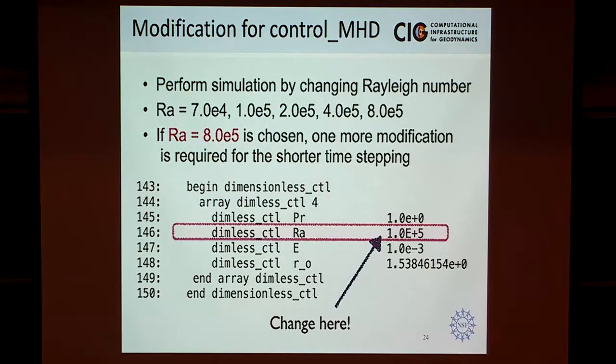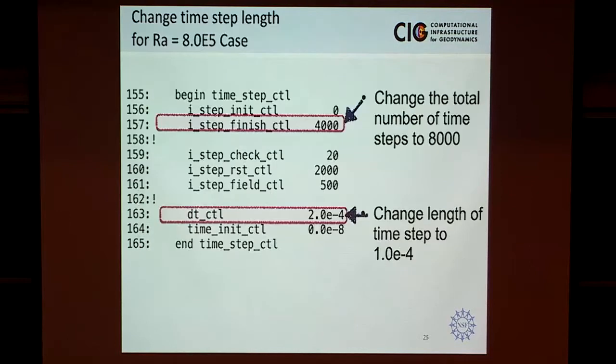For this, the brave ones need to change the time step length. Originally, it was 2 times 10 to the power of minus 4, the length of the time step.